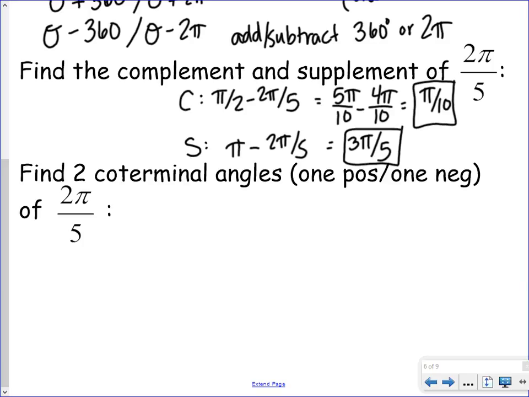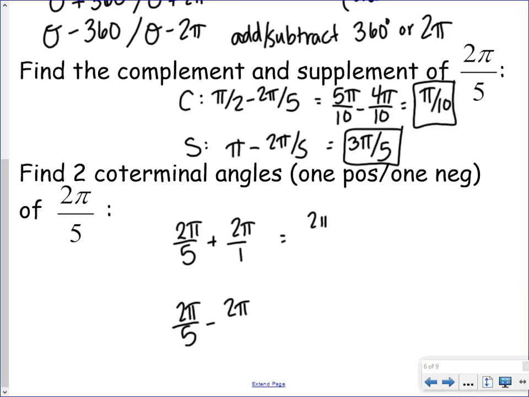So I would take 2 pi over 5, and I would add a full revolution. I would also take 2 pi over 5 and subtract a revolution. So 2 pi over 5 plus 2 pi, 2 pi over 5 minus 2 pi. Here, maybe common denominators is a good thing, because this is really like 2 pi over 1.